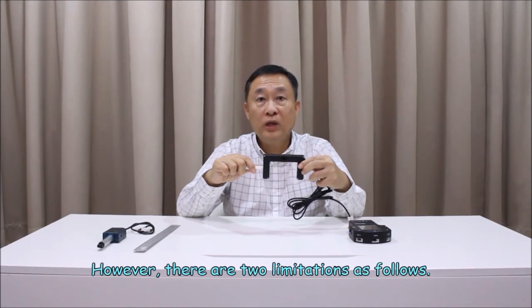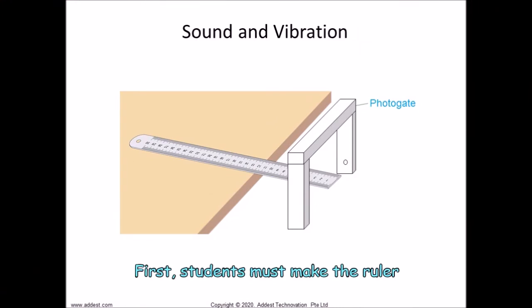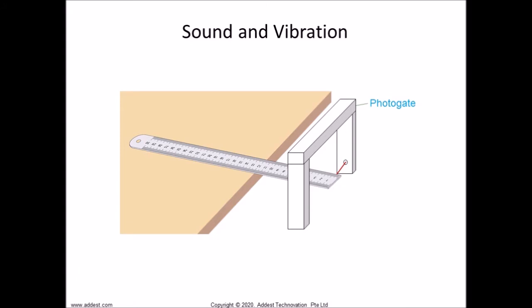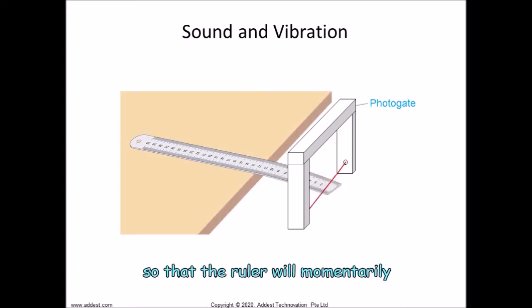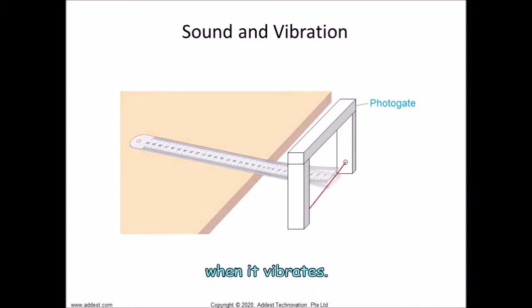However, there are two limitations as follows. First, students must make the ruler block the infrared light emitted by the photo gauge so that the ruler will momentarily unblock and block the infrared light when it vibrates.